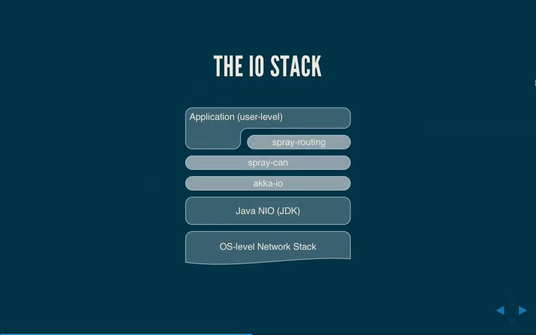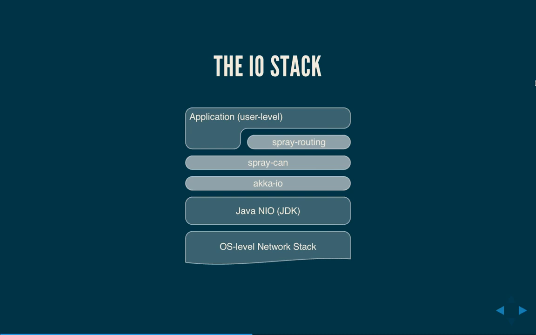So to show you where this fits into the I/O stack, you can see here that basically you sit on the OS level network stack, which might be on Windows, on Linux, or on OS X, whatever your platform is. There's Java NIO from the JDK on top, which provides you a uniform API so that you can run your application on different operating systems.